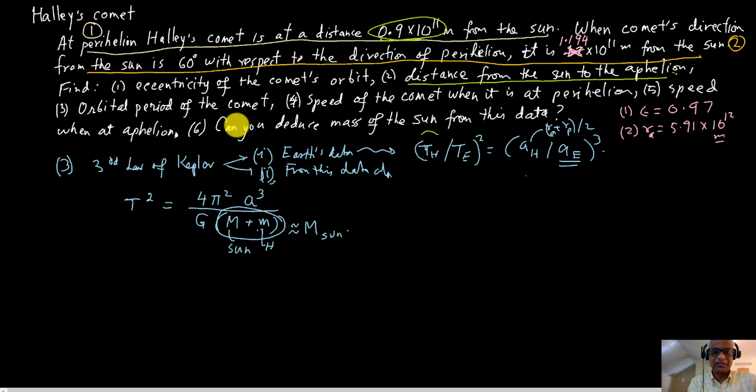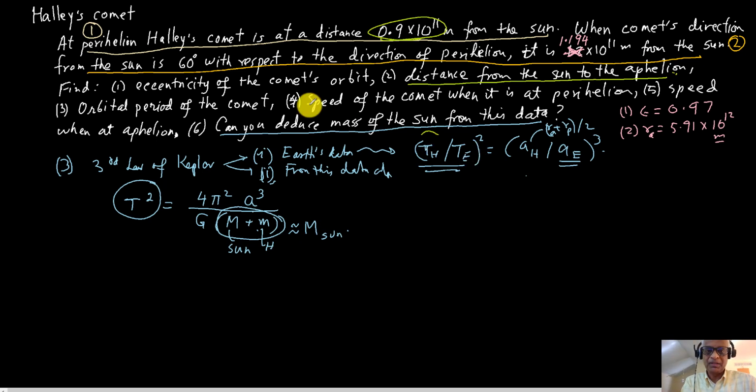Now there is this question about: can you deduce the mass of the sun from the data? If we could find this some other way, then we don't need the mass of the sun. Like if I get this from here, then I will need the mass of the sun.